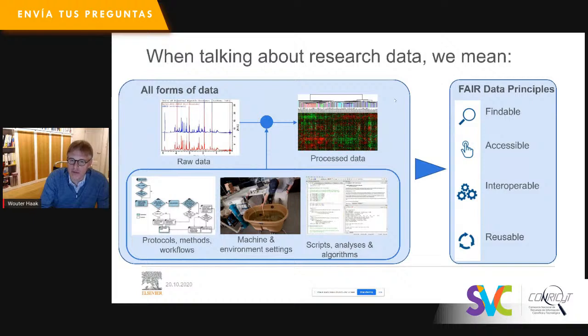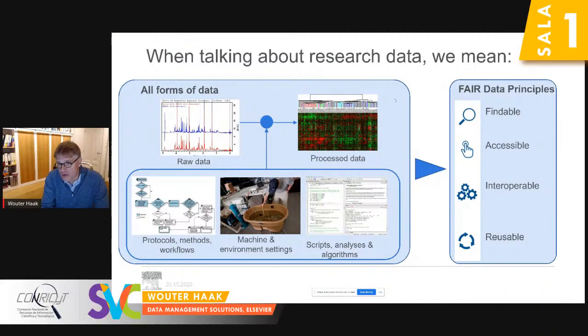When I talk about research data, I talk about the full scope of data. I mean raw data, any measurement, process data. It can be protocols, methods. It can be computer programs. It can be scripts or algorithms, or it can be the metadata, the machine and environment settings.